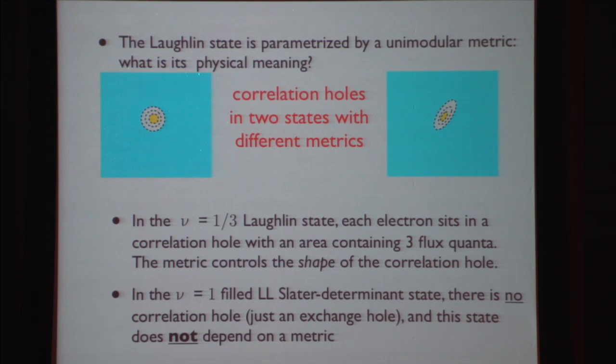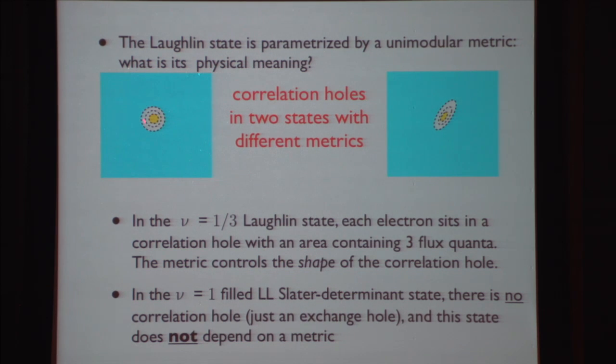Okay, so what is the physical meaning of the Laughlin state? So of this metric. The Laughlin state is parameterized by this metric. What does it actually mean?